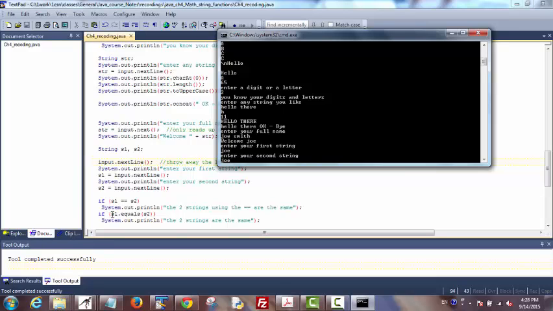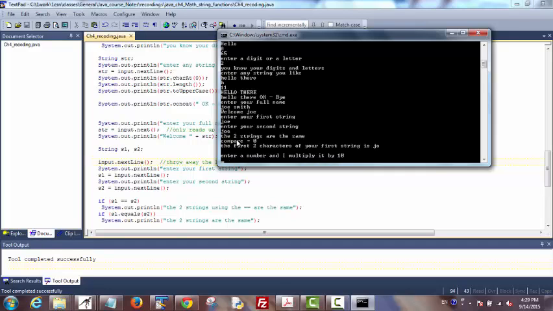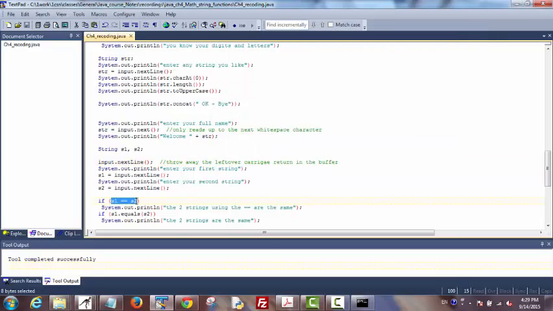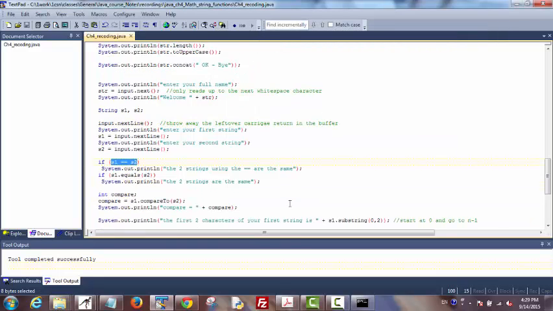But look at s1.equals(s2). Now equals is a method within the string, and essentially all it does is check to see if this equals this. So when I press enter, this is going to be false, so I'm not going to display this, but here I will display it. Notice right here, the two strings are the same. It just didn't run this at all because this condition will always be false.